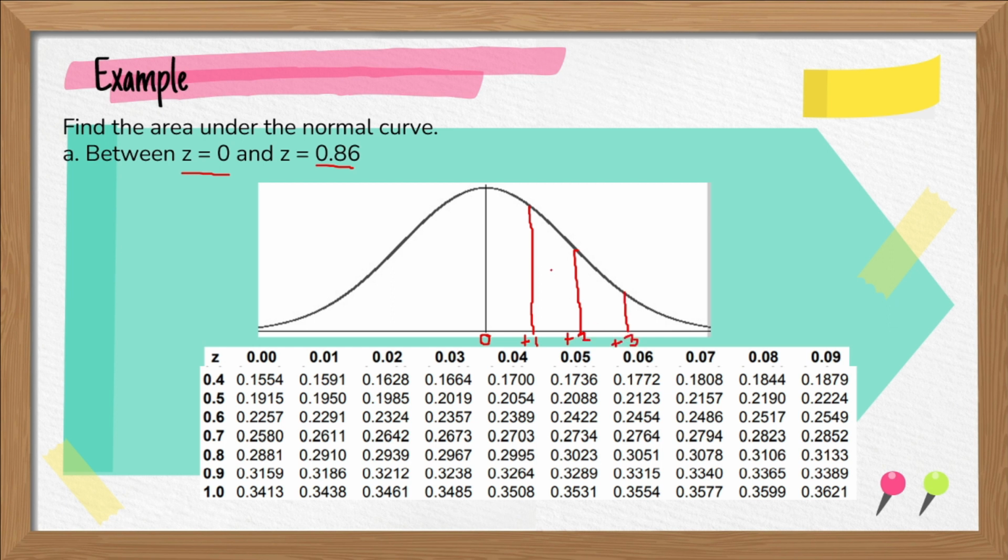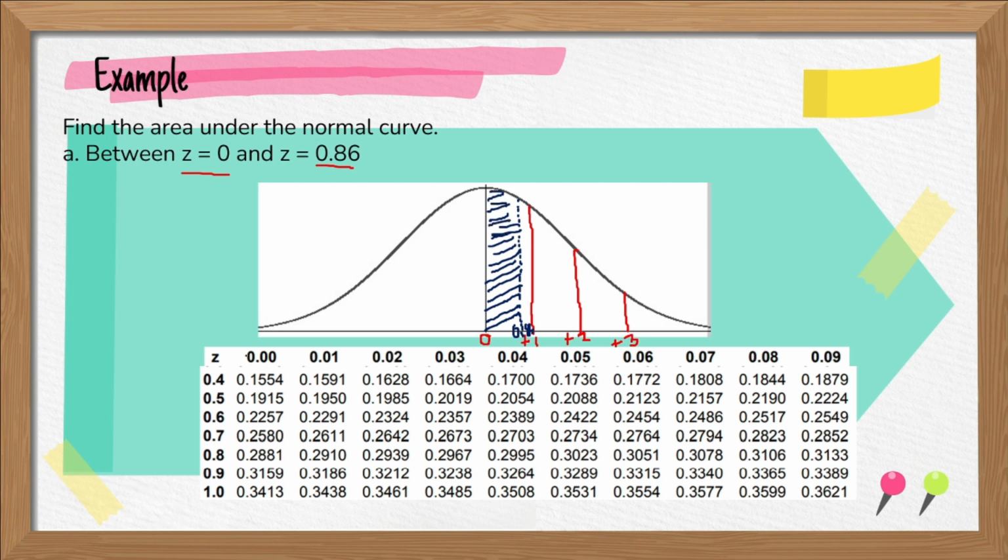So, estimate natin na si 0.86 ay nandito. So, kukunin natin yung area from 0 to 0.86. So, that means, itong isi-shade ko, ang kailangan natin kunin ng area.